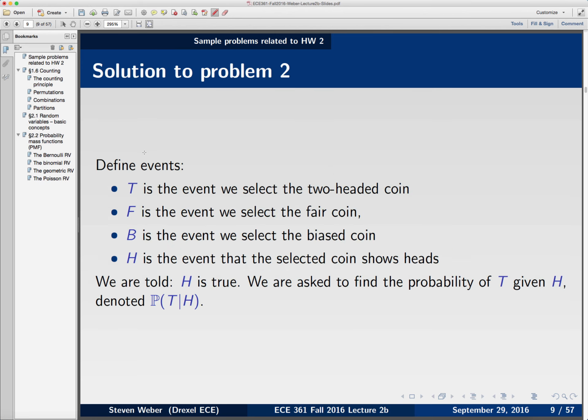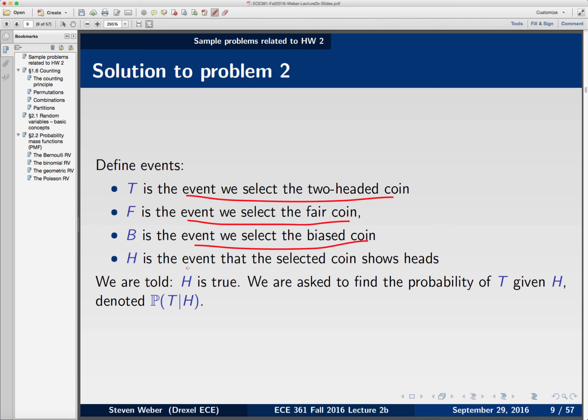So, the first step in any such problem is always to define events. Here we'll use the letters T, F, B, and H for the events of interest. T is the event we selected the two-headed coin. F, the event we selected the fair coin. B, the event we selected the biased coin.